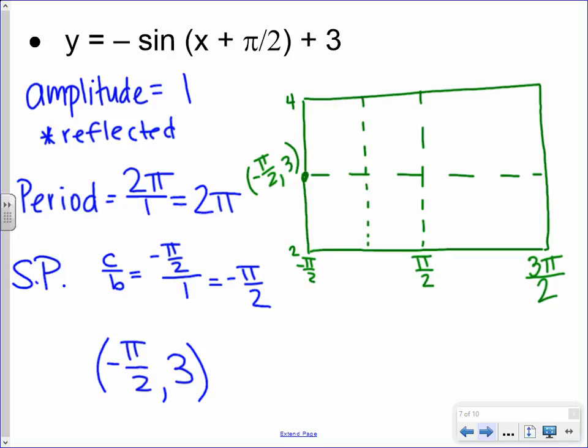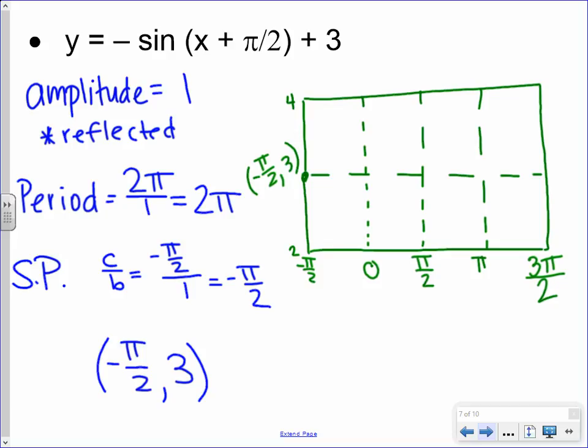What is halfway between negative pi over 2 and pi over 2? 0. What is halfway between pi over 2 and 3 pi over 2? Pi. If we take pi over 2 and add it to 3 pi over 2, we get 2 pi. Cut it in half, we get pi. Okay, that's how we find averages, right?